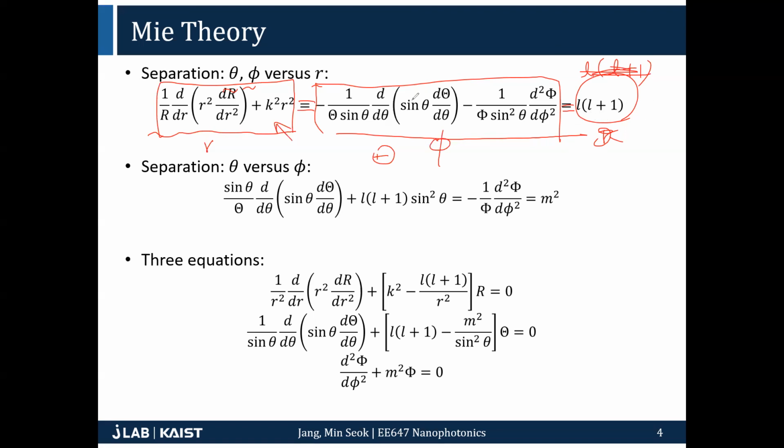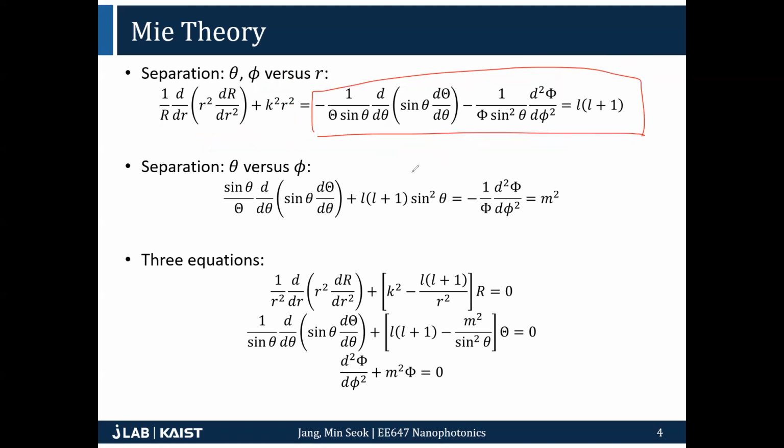Okay. Now you have this equation, and then you can do the similar thing. You basically multiply sine squared theta on both sides, so then you have the sine dependence gone, and you have sine theta here, and here you have sine squared theta, and then move this term to that side, and this term to this side.